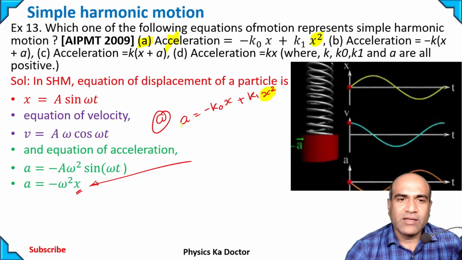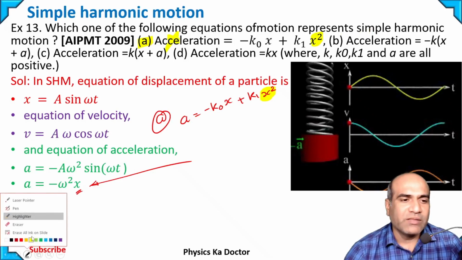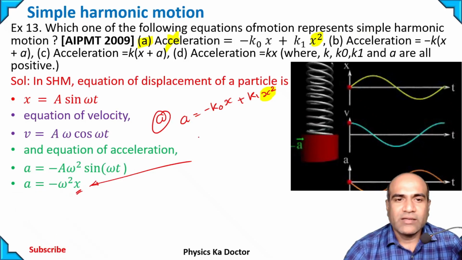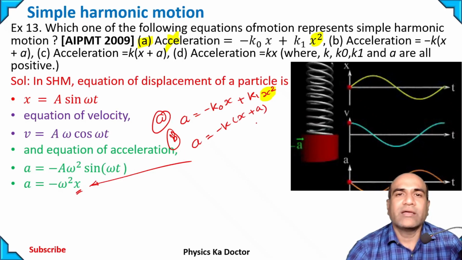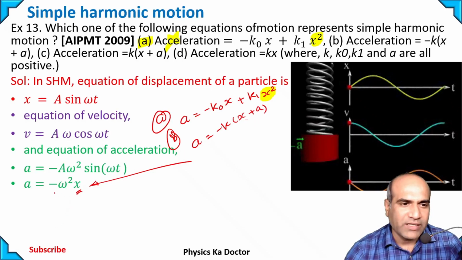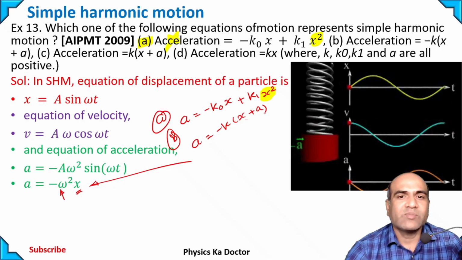B, let's see what is given in B. Acceleration equal to minus k in bracket x plus a. If you see our equation, minus k means minus omega square, that is a negative sign with a positive value. Here x plus a, so it becomes kx plus, or you can say minus ka.